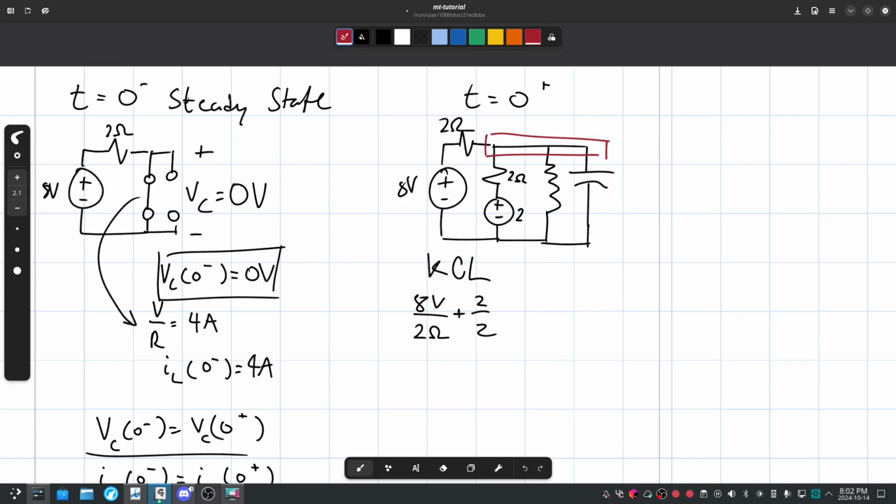That's going to be negative there because we're passing through the negative end of it. Plus IC plus IL equals 0.